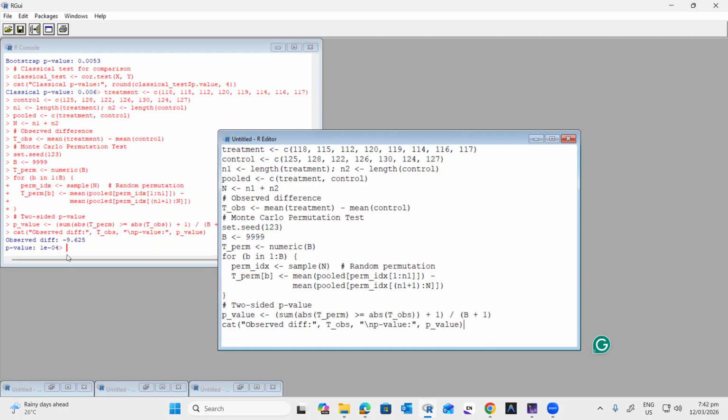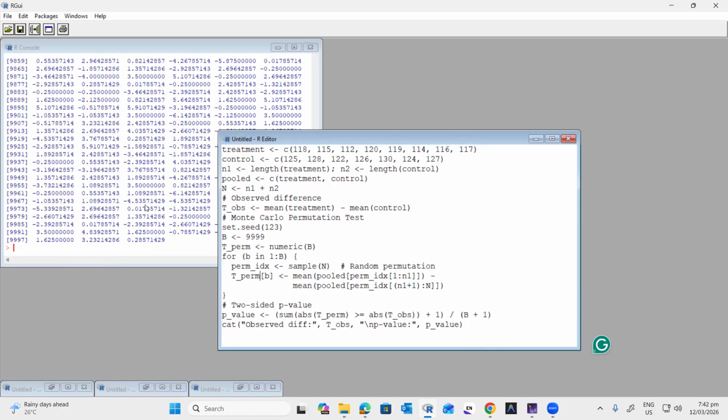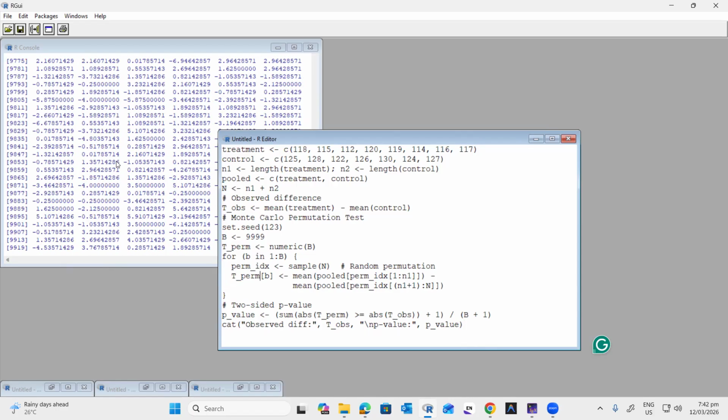The P value is 1 times e raised to the power minus 0.4, and the observed difference is minus 9.62. And what is T permuted? We check it. These are the observations of our T statistics of mean differences.